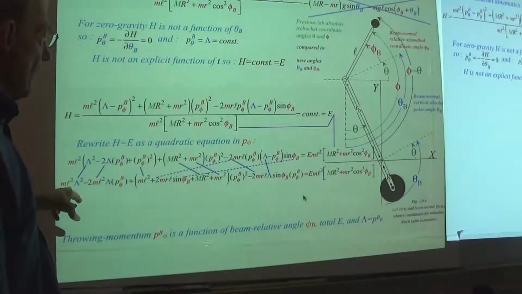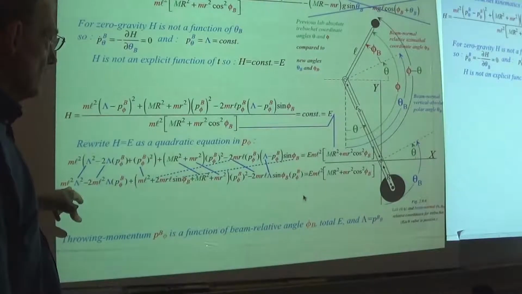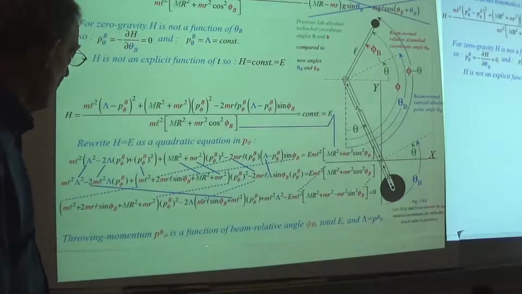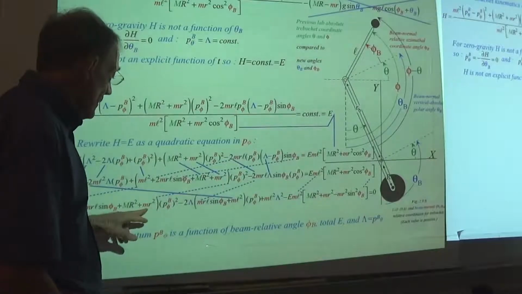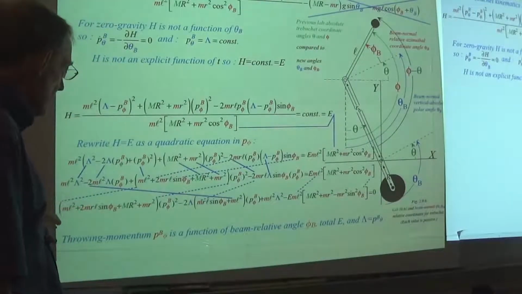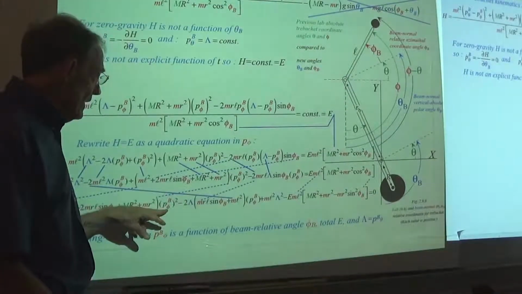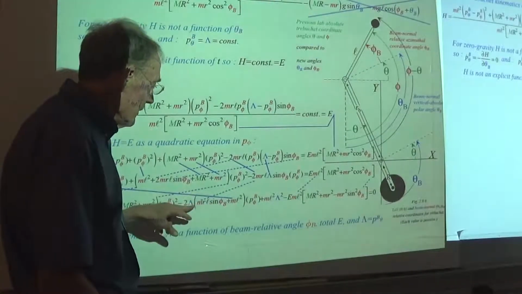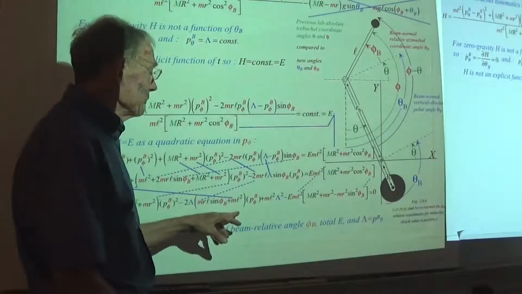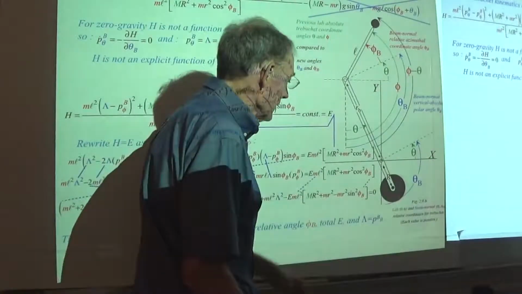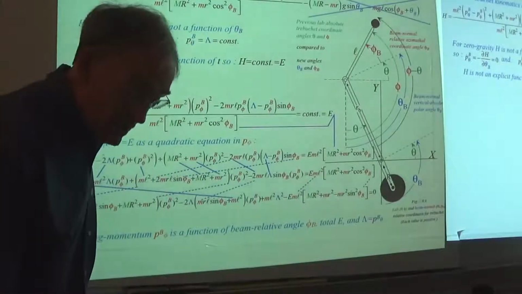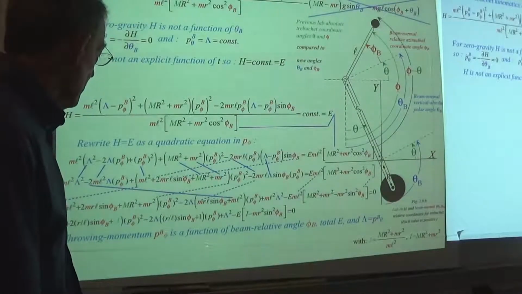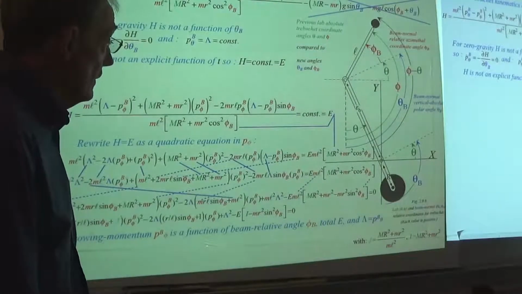Yeah, that's right. That seems to be it. Okay. So, to make a long story short, we end up here with the quadratic equation: a big thing here, this would be A, unknown x squared minus B, unknown times first power, and then a constant. We have to solve that thing in order to get the throwing momentum, P sub phi.